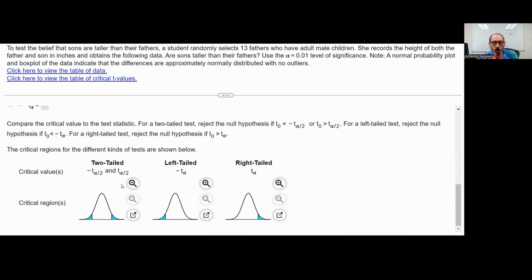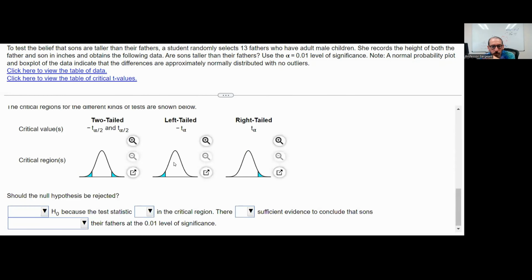Therefore, we are looking at this. Because we are not in that critical region here. We are not in that critical region. Do not reject, because the test statistic is not in the critical region.